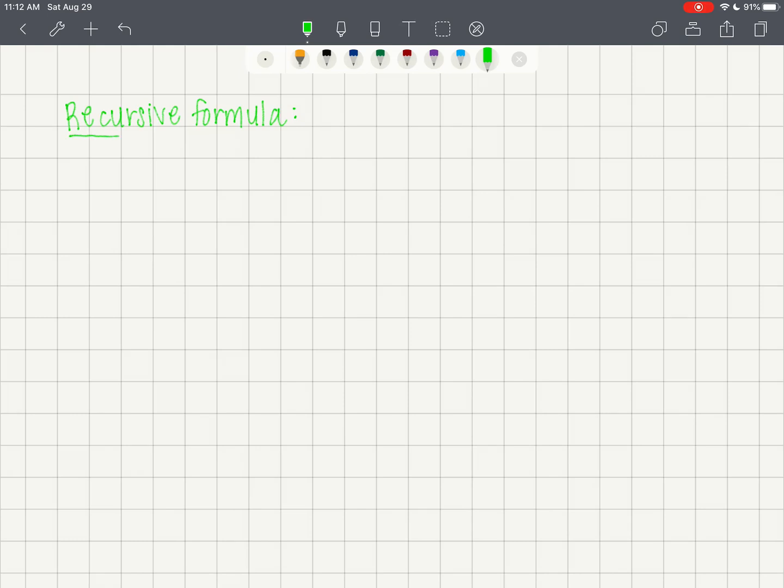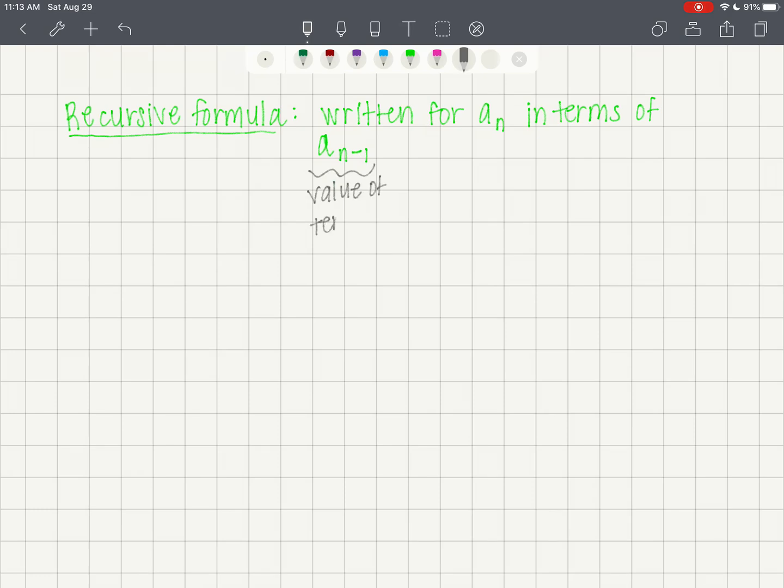So the recursive formula is written for a sub n in terms of a sub n minus 1. And a sub n minus 1 is the value of the term before a sub n.